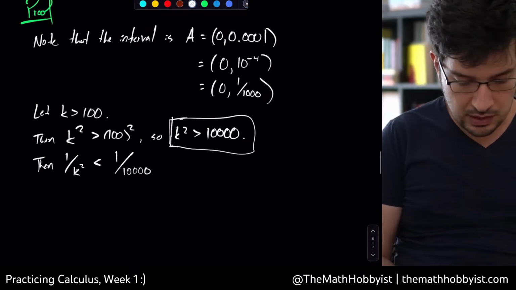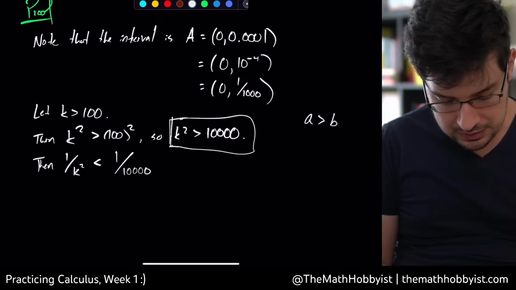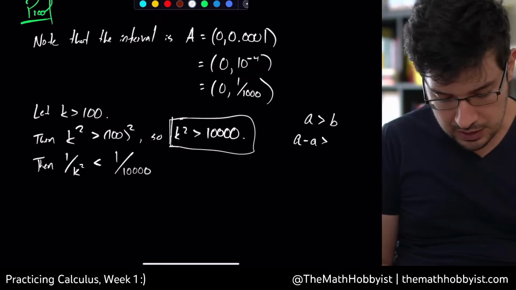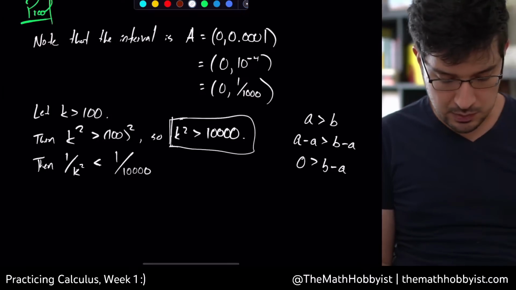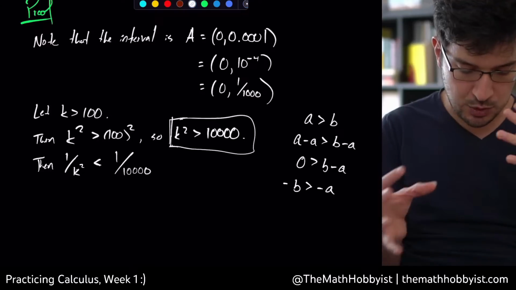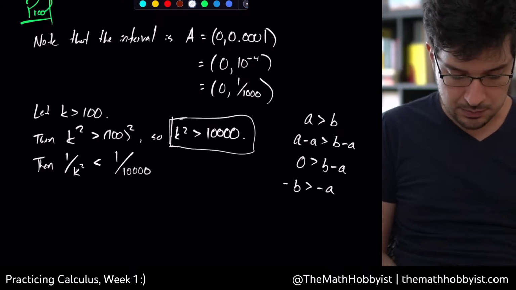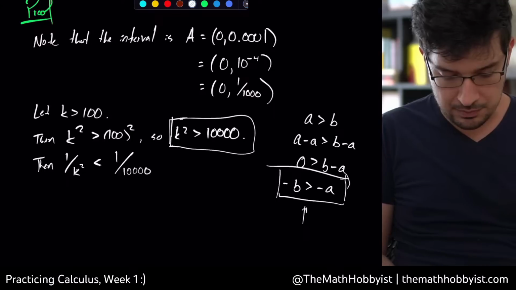Because I always show people that if A is greater than B, then you can subtract A from both sides, and that's why when you multiply an inequality by -1, the inequality flips.